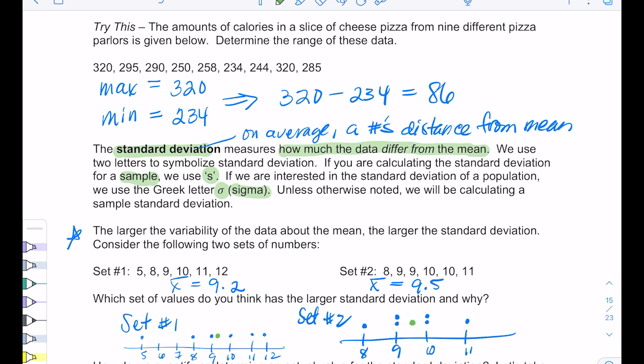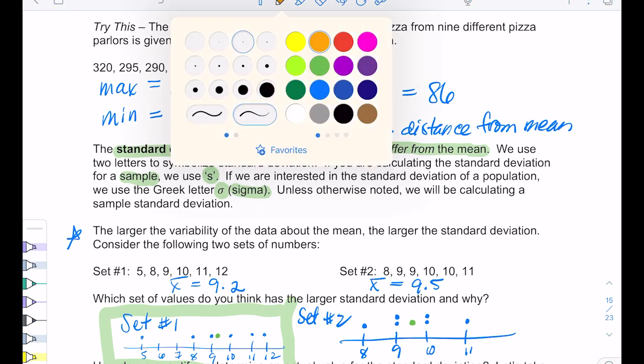So which data set looks like the dots are further away from the mean? I would have to say data set number 1 has the larger standard deviation. Those data points are further away from the mean.